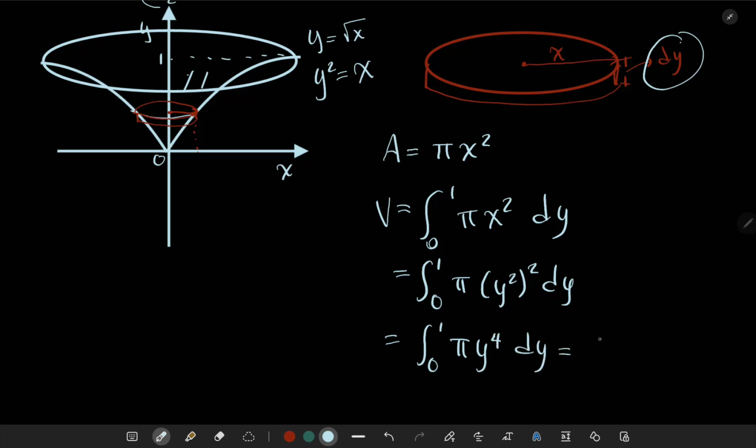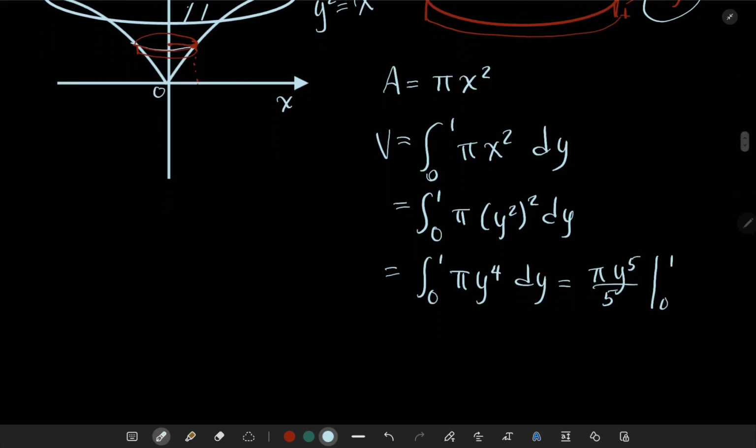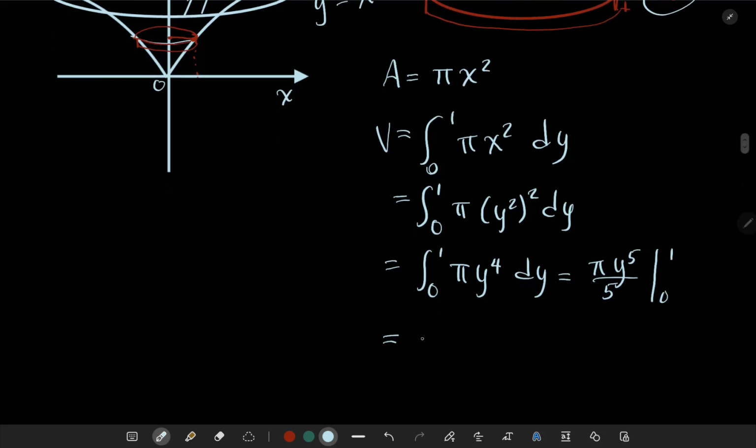And that's easy to do now. It's just going to be pi y to the 5th over 5 using your power rule between 0 and 1, which boils down to pi over 5, because you plug y equals 1, you get 1 there, minus when you plug 0, you get 0. So pi over 5 units cubed, if you will.